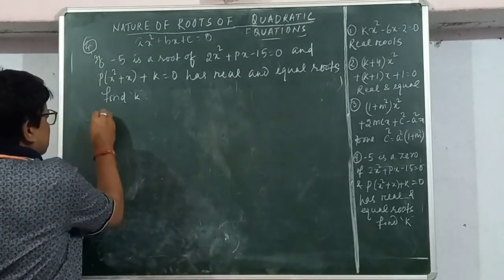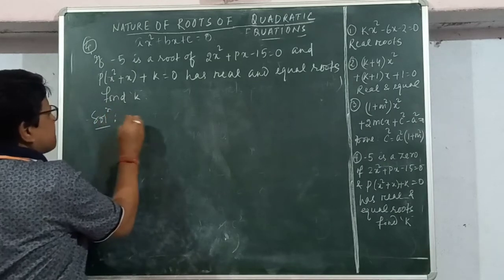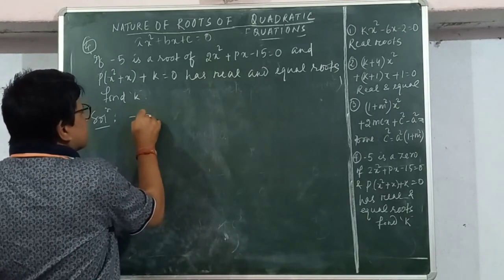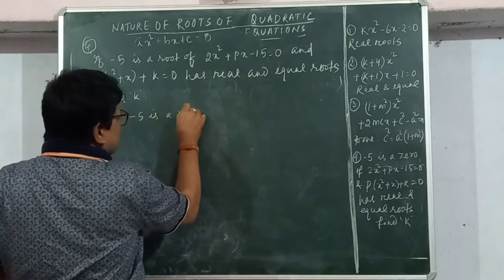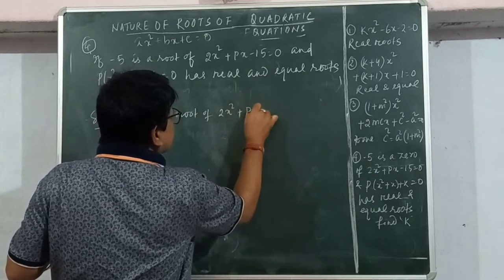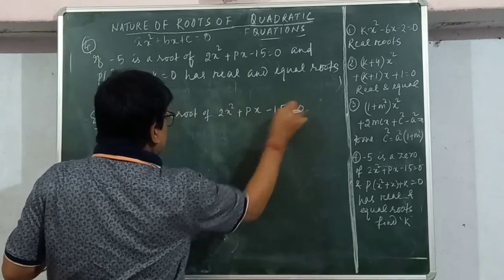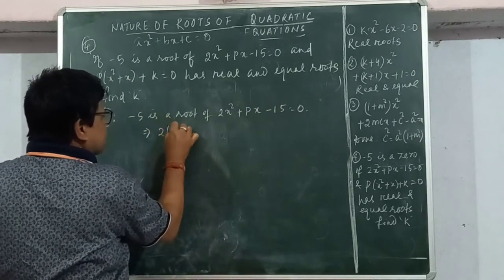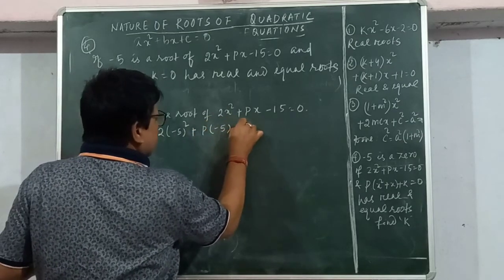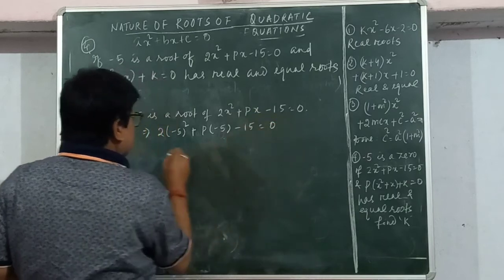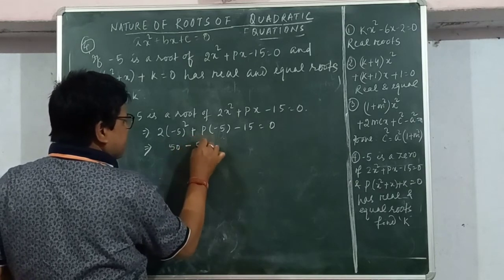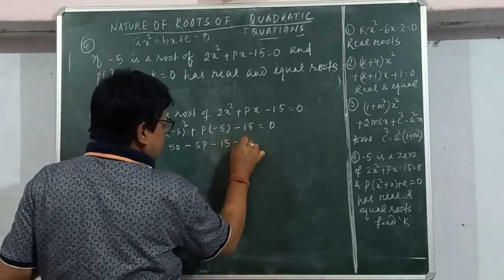Now, solution. As minus 5 is a root of 2x square plus px minus 15 is equal to 0, implies that 2 into (minus 5) whole square plus p into minus 5 minus 15 is equal to 0, implies that this is 50 minus 5p minus 15 is equal to 0.